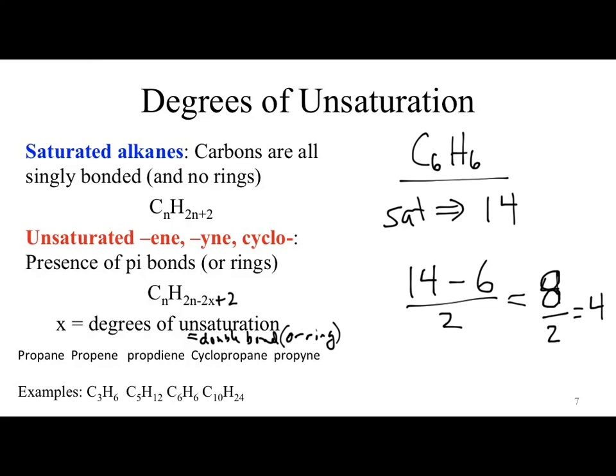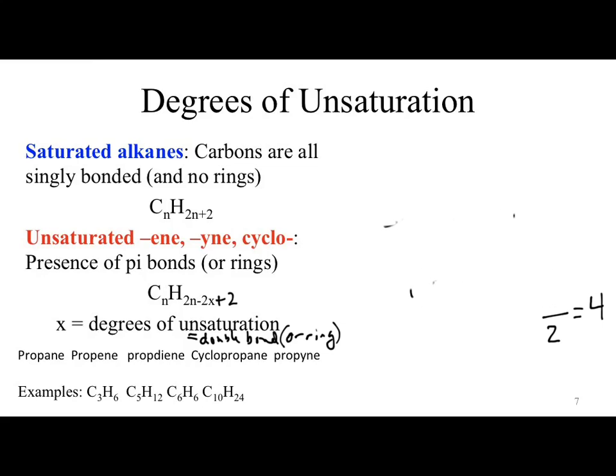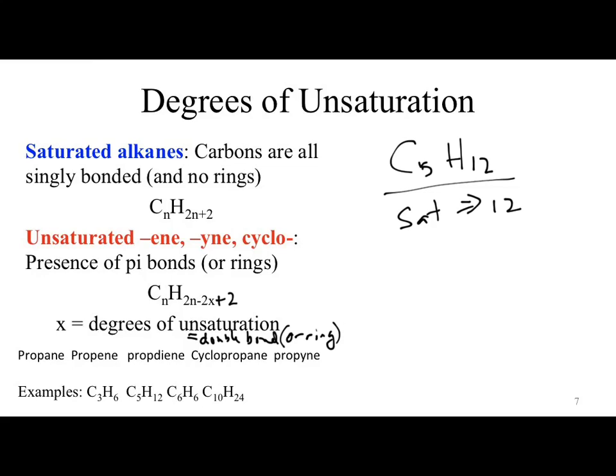If we took that back to our original formula that I wanted to go back to, it sounds like you guys are already better at this than I ever was. What did I say, C5H12? We said our saturated was 12.